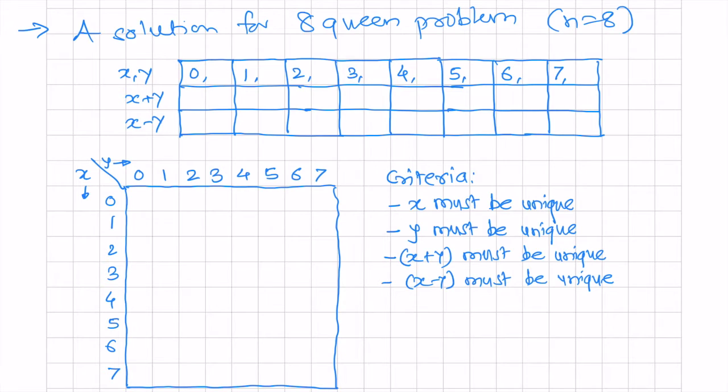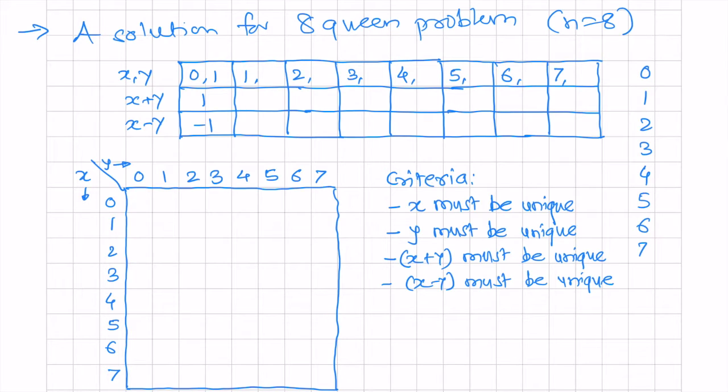Now for the y values, let me make a list of values which I can easily choose from. This would make it easy to identify which values are used and which are not, and then we can easily choose the unique values for y. Okay, let's start with 0, 1. That means the sum will be 1 and the difference will be minus 1. For the next row, I cannot use 0 for y because the sum will be 1, and 1 is already used.